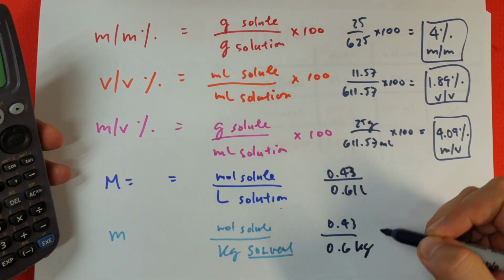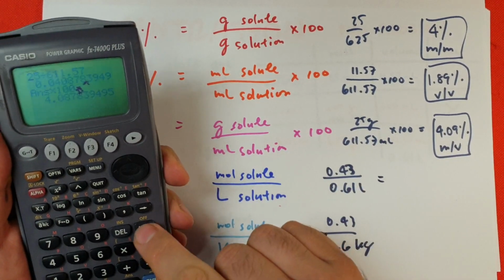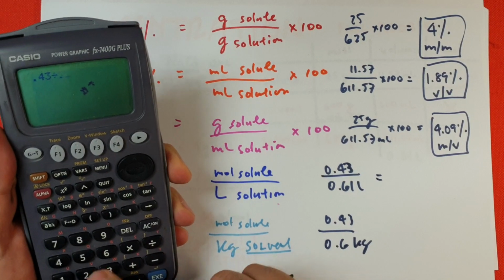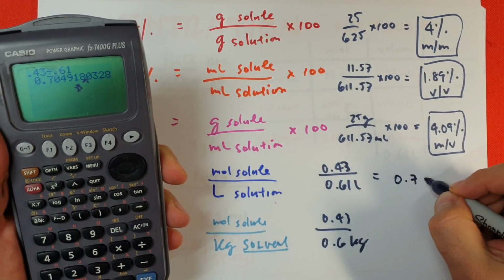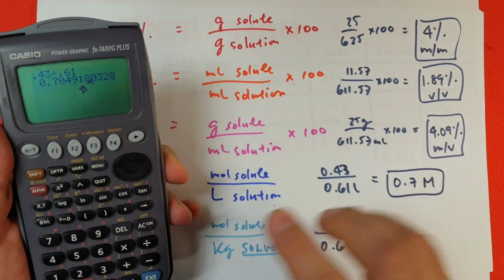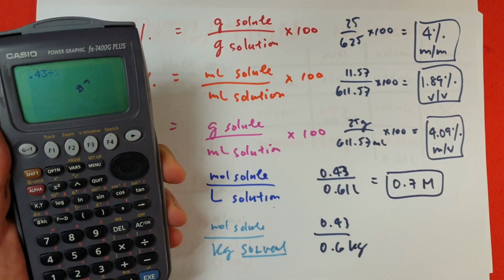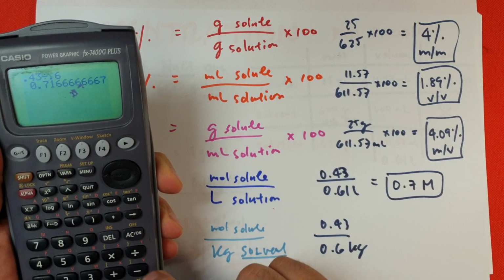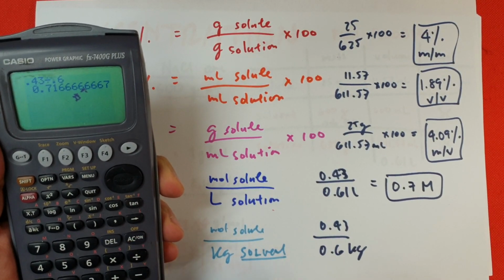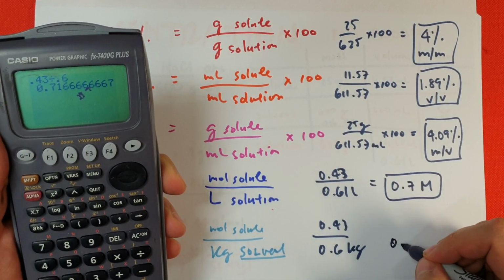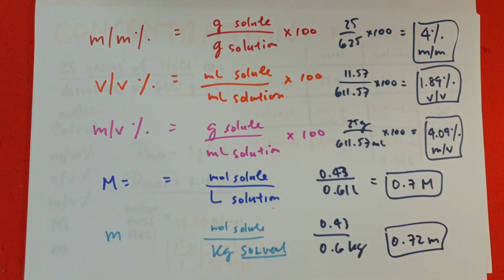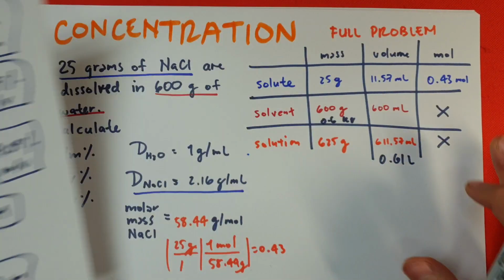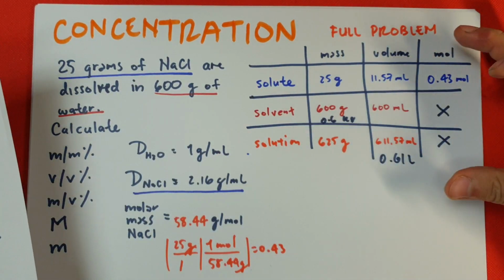Molarity is 0.43 divided by 0.61, which is 0.7 big M. Molality is 0.43 divided by 0.6, which is 0.72 lowercase m.